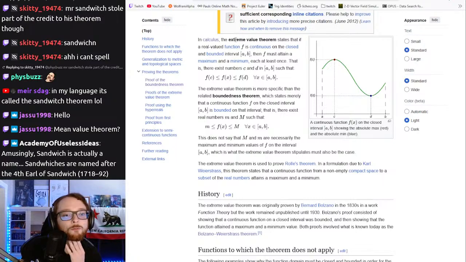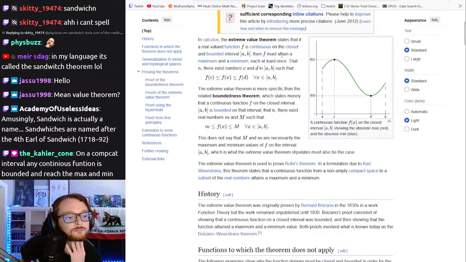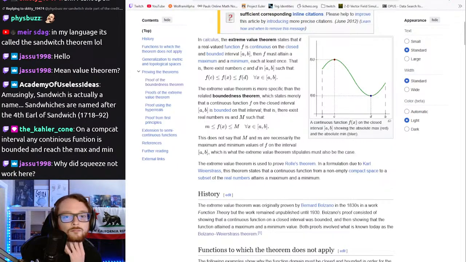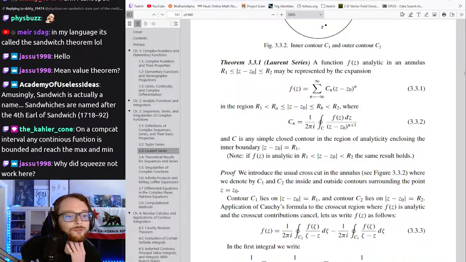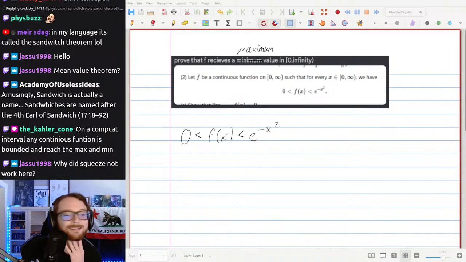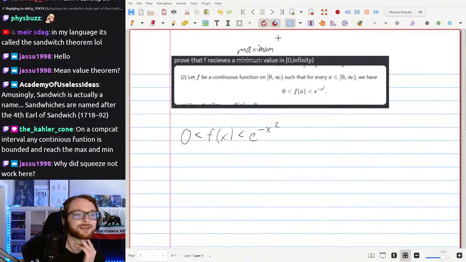F is... Oh, it's only for closed and bounded intervals. I don't know what to squeeze. I've been given that hint to use a squeeze theorem.